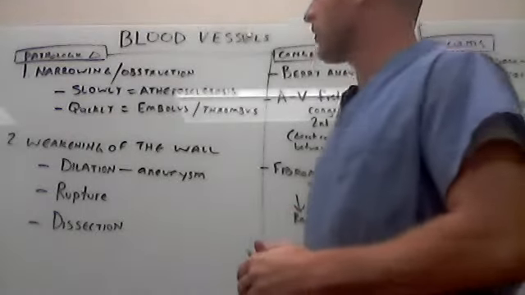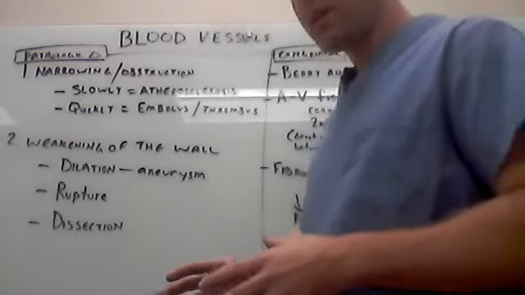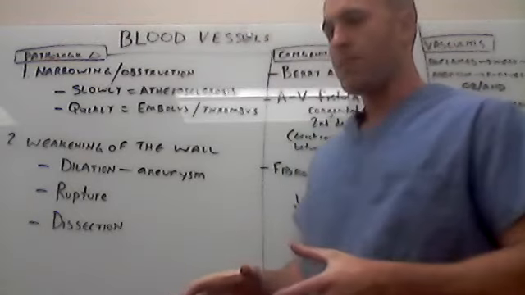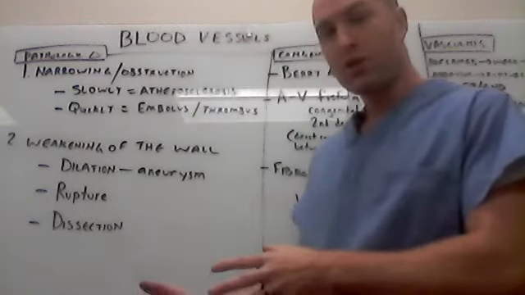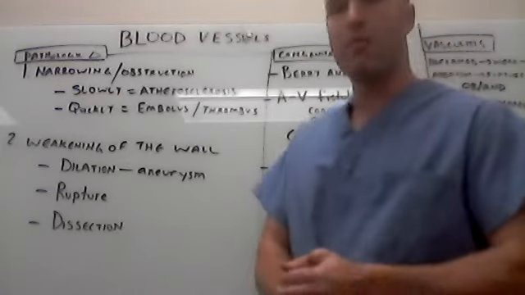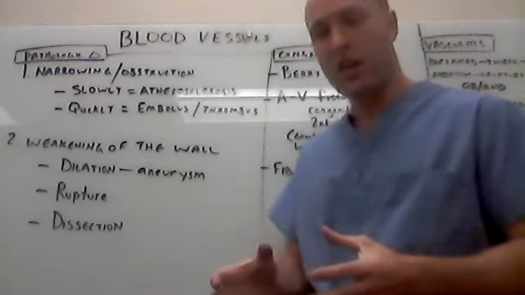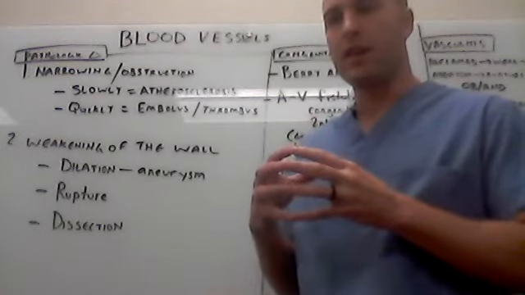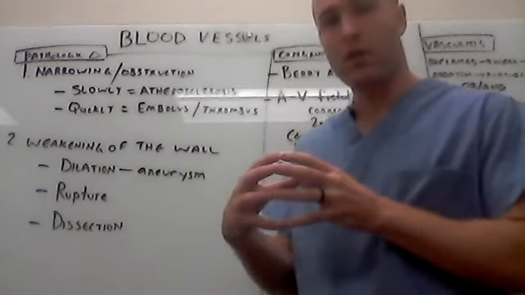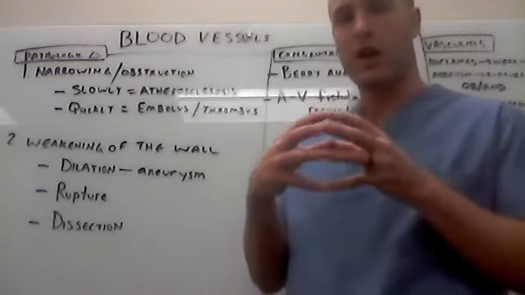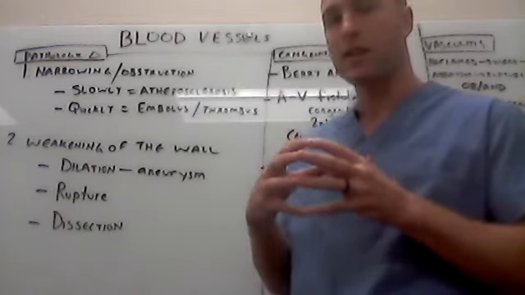So first of all, when there is a pathologic change in a blood vessel, it can be a quick change or it can be a slow change. If it's a quick change, it's going to be from an embolus or a thrombus, which is to say there is a big blood clot that has formed either in that location originally or somewhere else and has gone to this area and gotten stuck there. So that's a quick one.